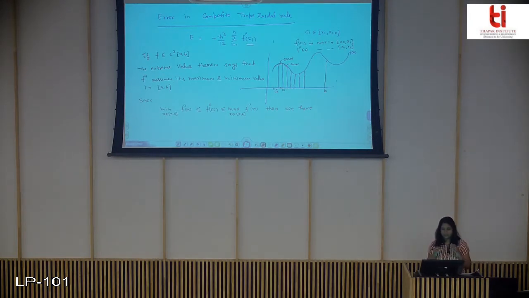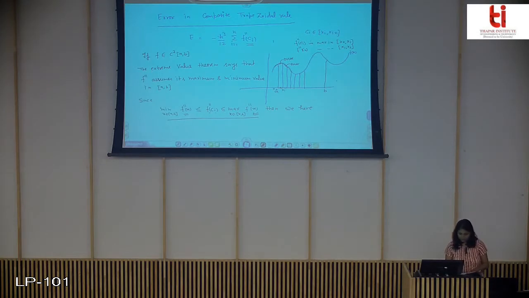Out of all these values, f double dash c1, f double dash c2 and f double dash ci, suppose the maximum value is represented by the maximum of f double dash x, and the minimum value by the minimum of f double dash x. And f double dash ci always lies between the minimum and maximum value. One of the ci's will exist that is equivalent to the maximum of f double dash x, but we don't know what that value is. So we can always write this condition.